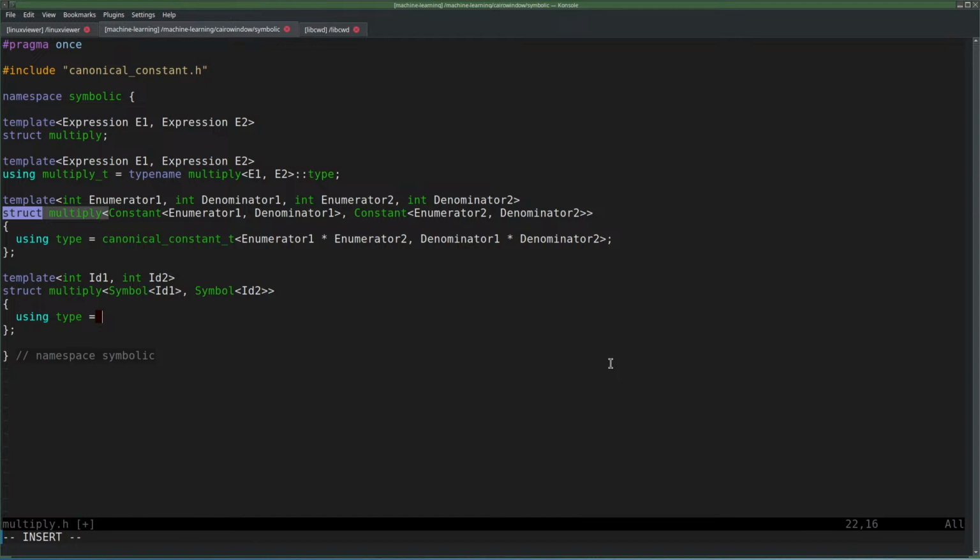But then we have a problem. Which to define first? If I define this one first, and I use operator star here, then operator star is not defined yet. Or is it? Maybe it doesn't care because it's a template. Yeah, probably works.